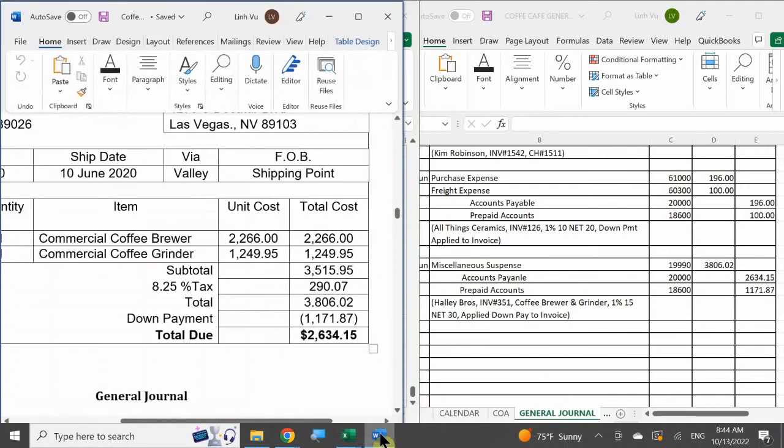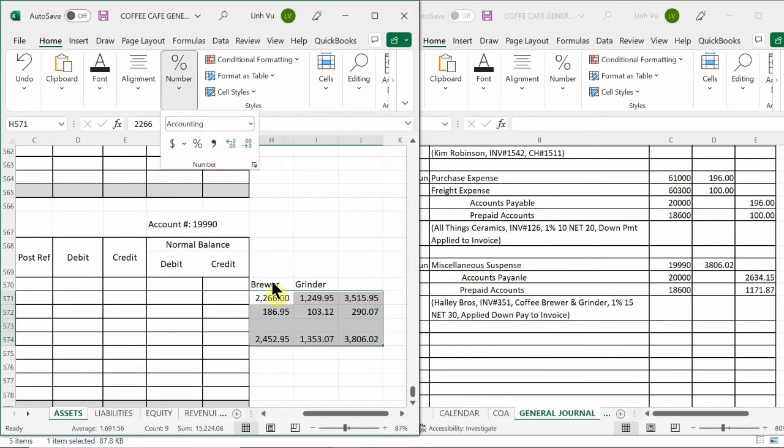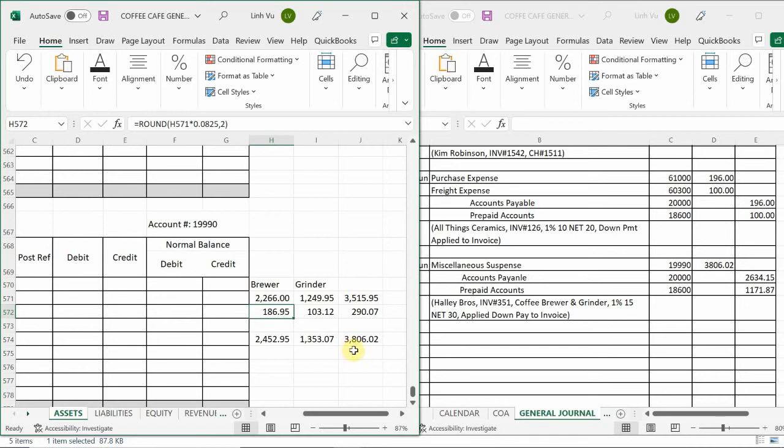Okay, hold on. Yes. Good. So therefore, your totals are here. Let me put this in commas now so you can see everything. Okay. So there you go. You got the total amounts here. Is it 3,806.02?